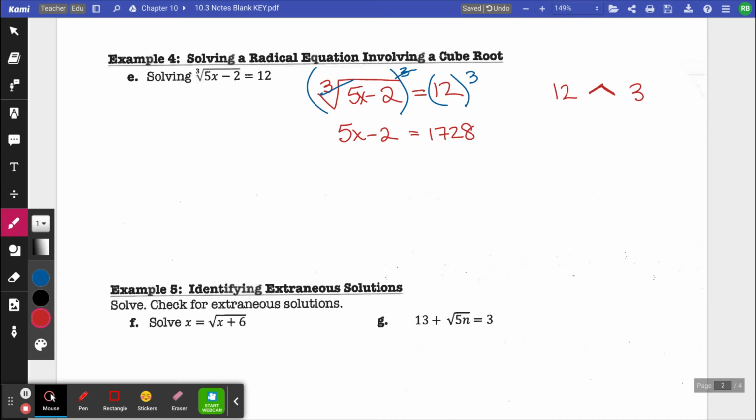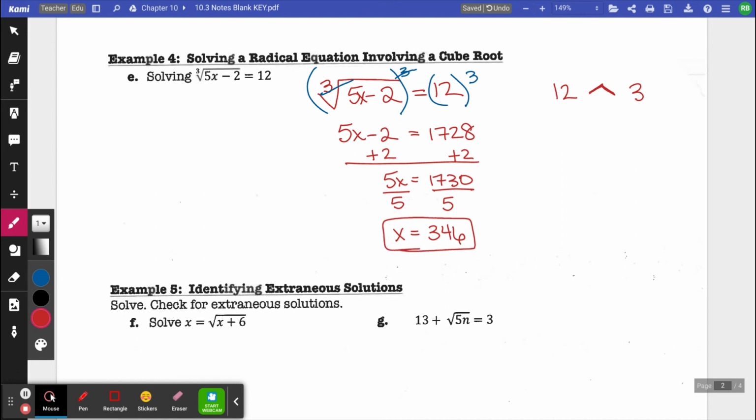Okay, so now we have 5x minus 2 is equal to 1,728. We're going to add 2. So we get 5x is equal to 1,730. Divide by 5. And your final answer would be x is equal to 346.